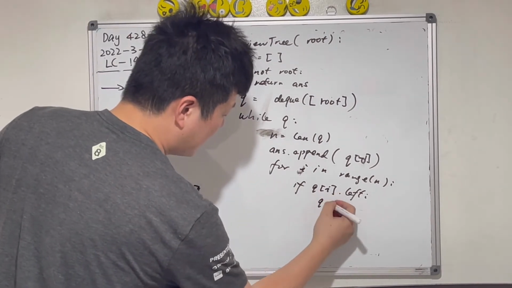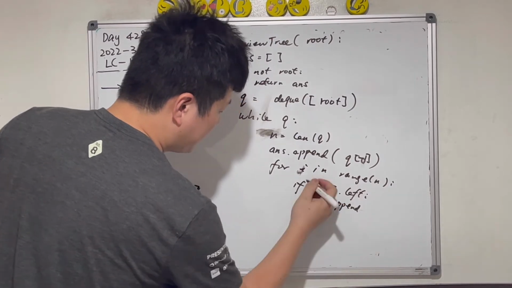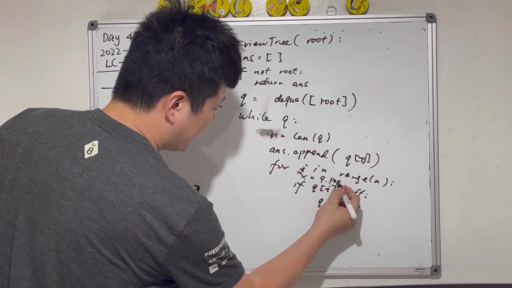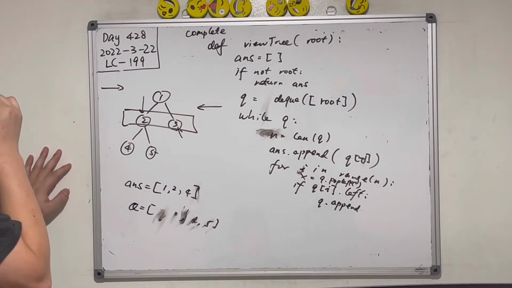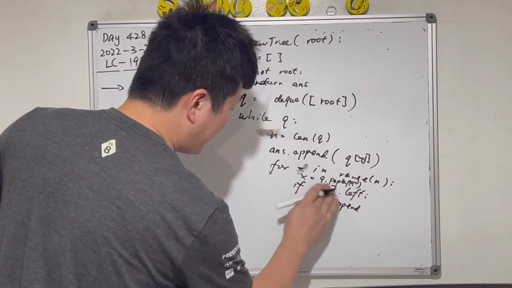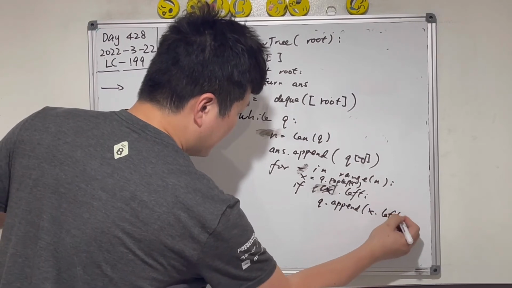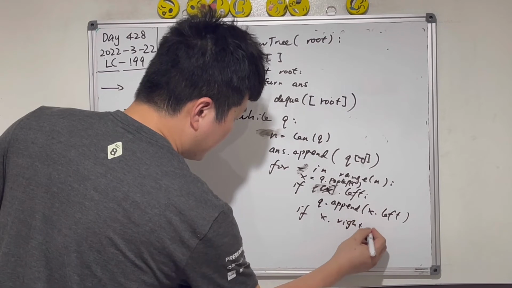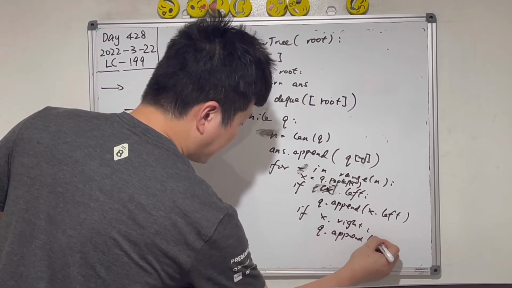Actually, we can do this: x equals Q.popleft. And then if x.left, Q.append(x.left). And if x.right, Q.append(x.right), alright?